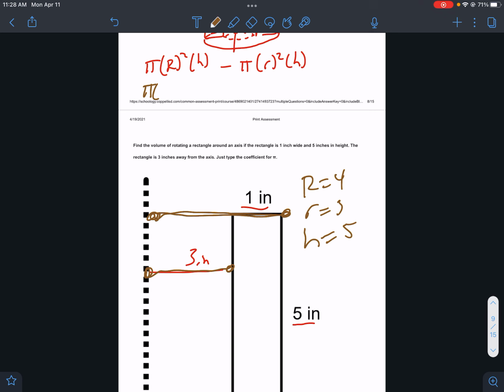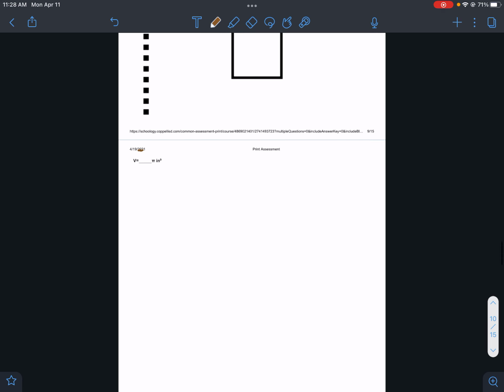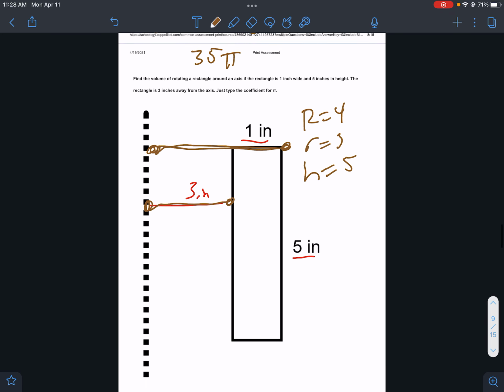So it's going to be pi times 16 times 5 minus 9 times 5. I get 35 pi. So the answer is 35 pi.